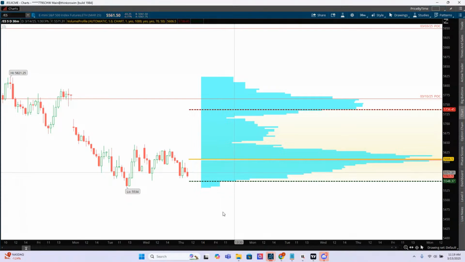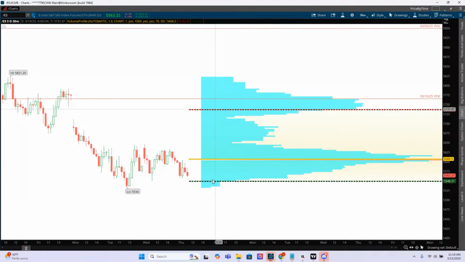You can see that this particular volume profile, if you're not aware of it, is really the auction market theory. So it's time or volume. I like to look at time for the most part, not time, volume.